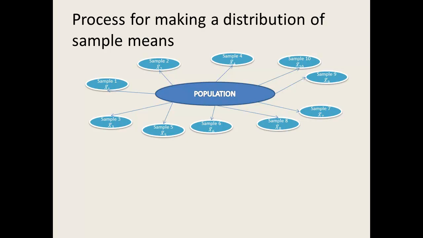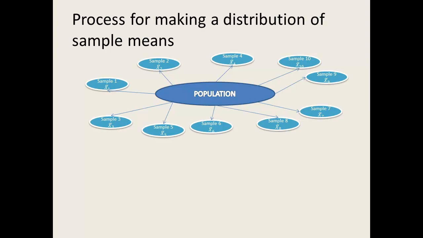We can then calculate the mean and the standard deviation of all these means. We can also draw a histogram to see their shape. In other words, we can describe the sampling distribution of the means using three of its most important characteristics: its mean, its standard deviation, and its shape.